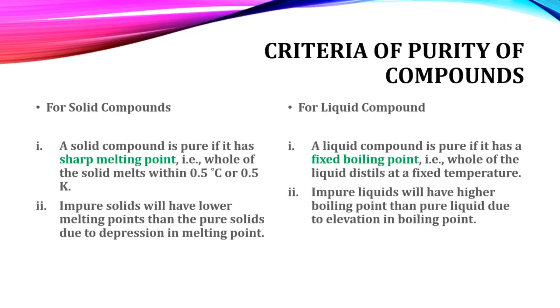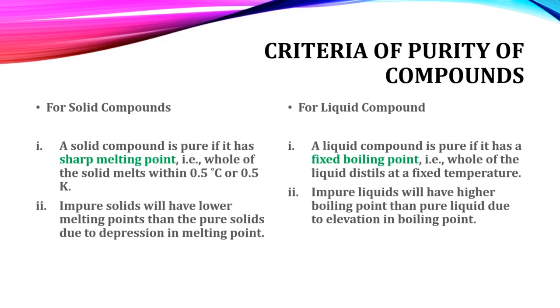Now, if we want to check if a given compound is pure or not, here is a very simple trick which we can use for that. We all learned in the properties of compounds that a compound will have a fixed boiling and melting point, right? So if you are given a compound and someone asks you to tell if it is pure or not, then you can do that using that property.